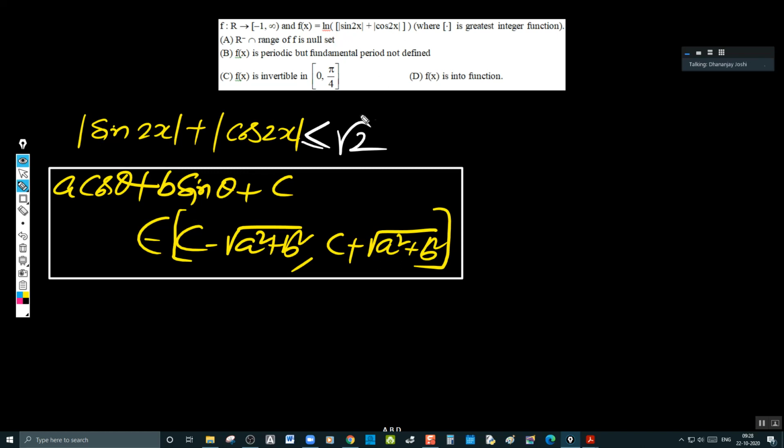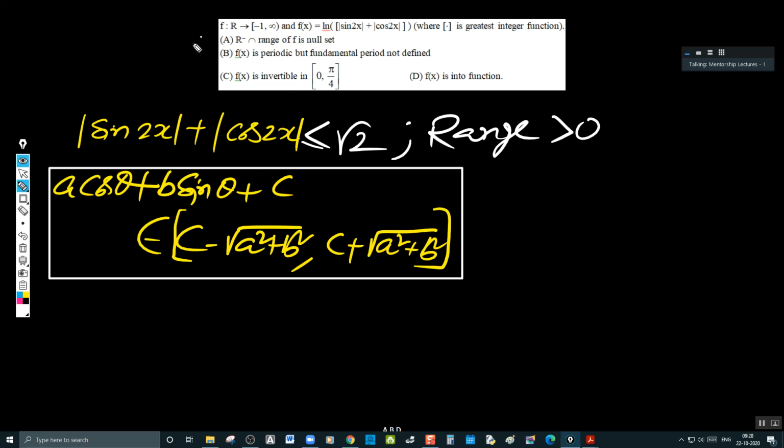So you can say it will never become negative. Range is always positive. And hence, the first option is correct because it is a null set.